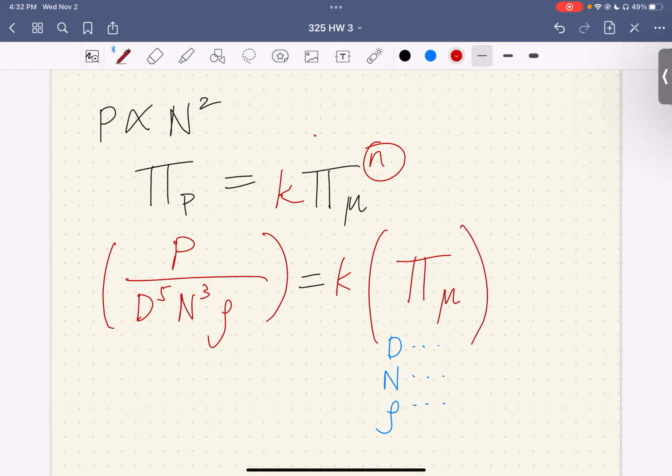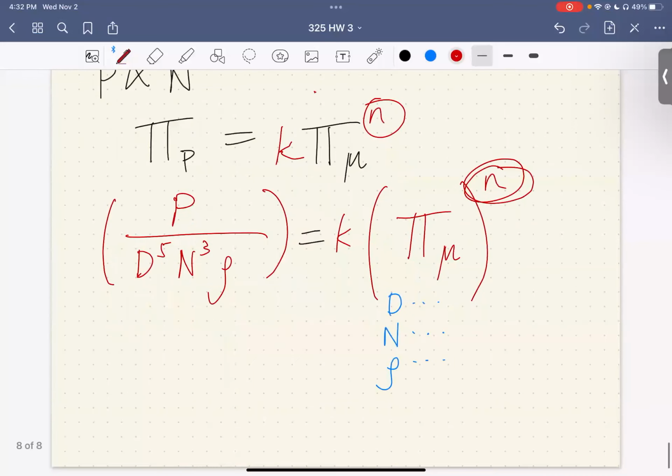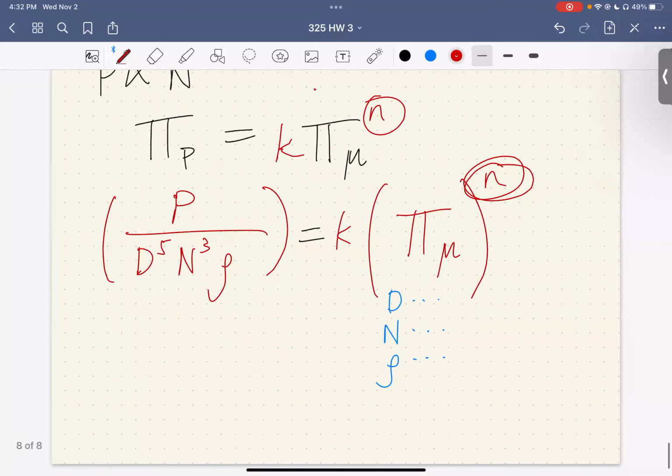That's a great thing. And then we have n, right? N matters. So now we need to find the n, right? Let's keep going. I will erase this. And essentially, you're going to plug this in, and you will find n. Find what n will relate these two.